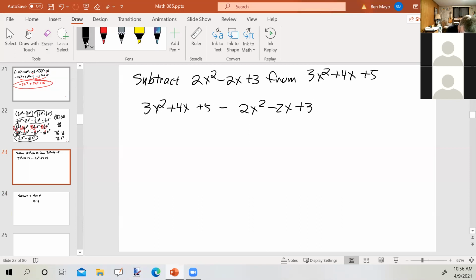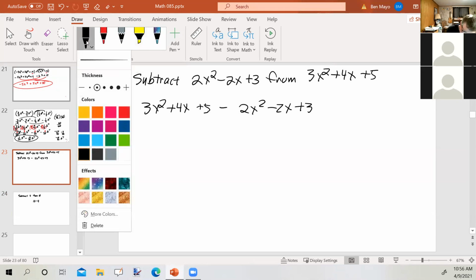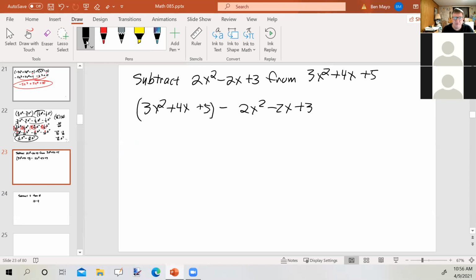Is that going to give me the correct situation? No, it's not. Granted, I could leave the first set of parentheses off, but if I leave the second set off, I'm only subtracting the 2x squared, and I need to subtract the whole quantity. So I need to group that whole thing under that subtraction operation.